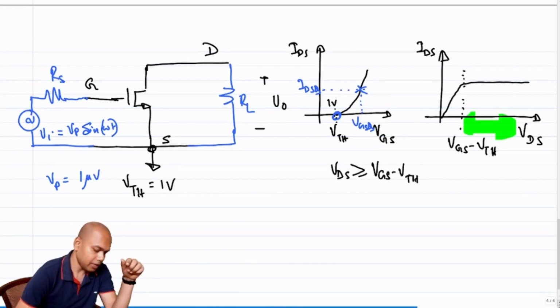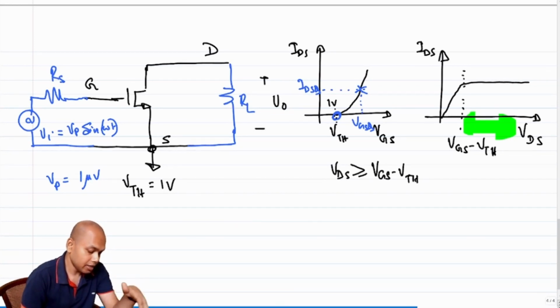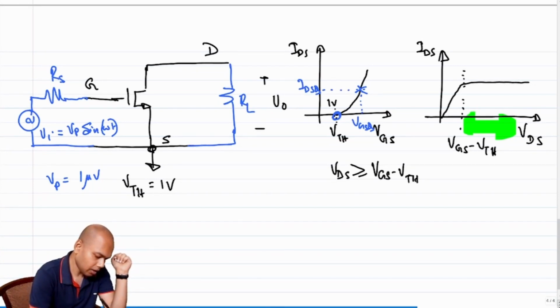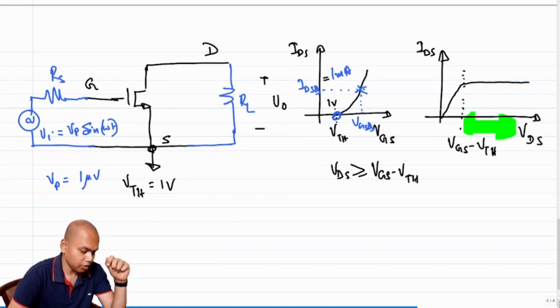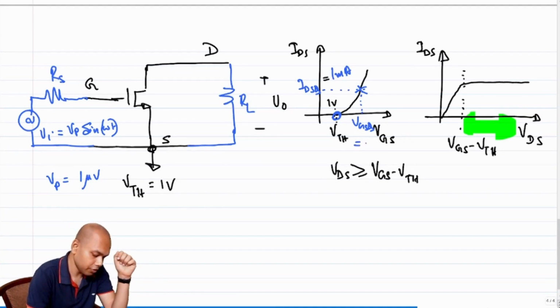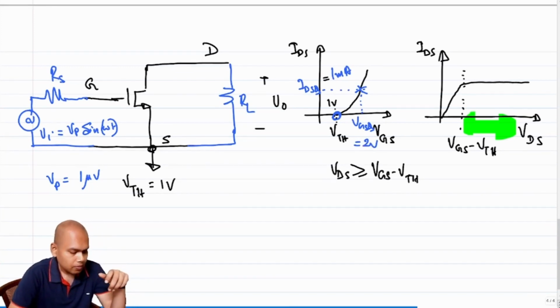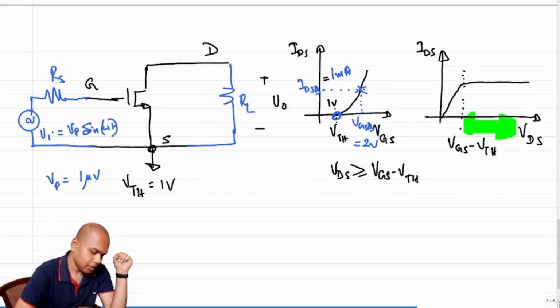So it might as well be, let's say this IDSQ is, let's assume that in this transfer characteristics we got IDSQ to be equal to 1 milliamps, right? Let's assume we got IDSQ equal to 1 milliamps for VGSQ equal to 2 volt. Let's assume that we have got that value, right?